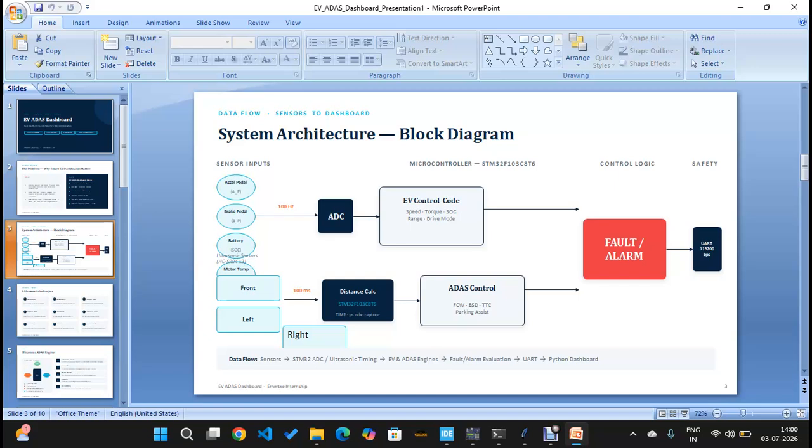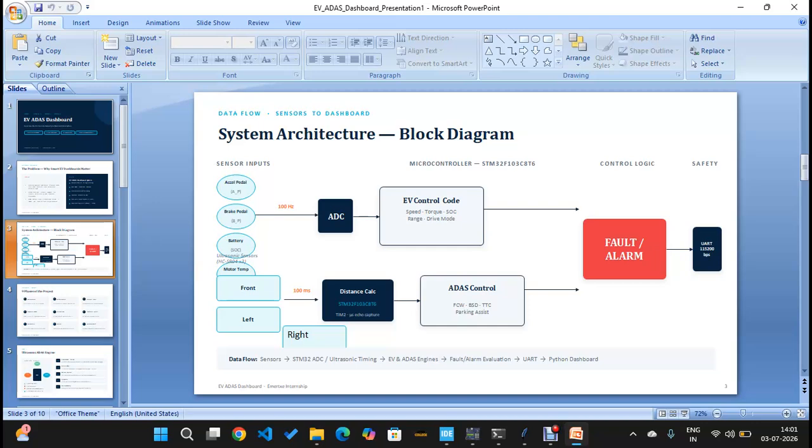All this data is analog, so we have to convert this analog data into digital ADC data. After converting into digital data, we calculate the parameters with physics formulas, inertia, and so on. With the help of physics formulas, we calculate the speed, torque, SOC, range, and drive mode.